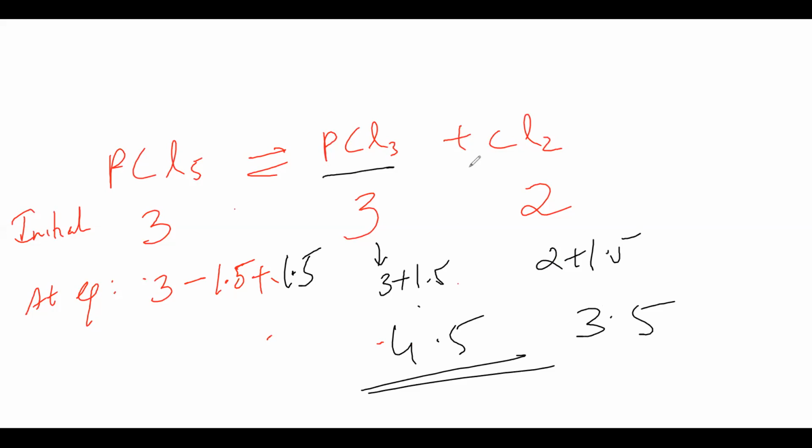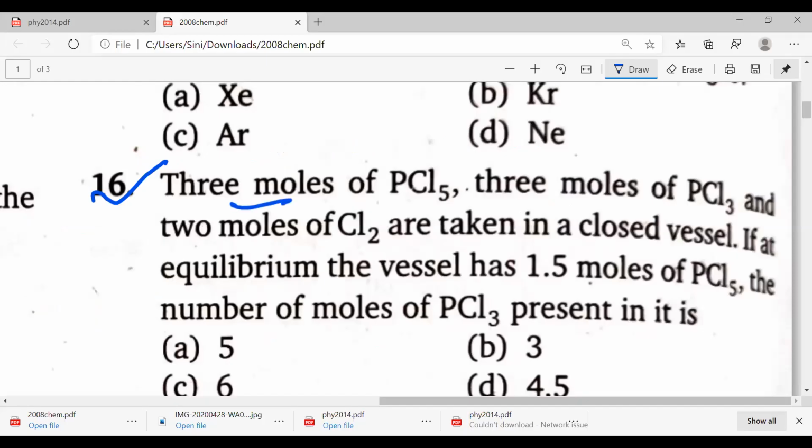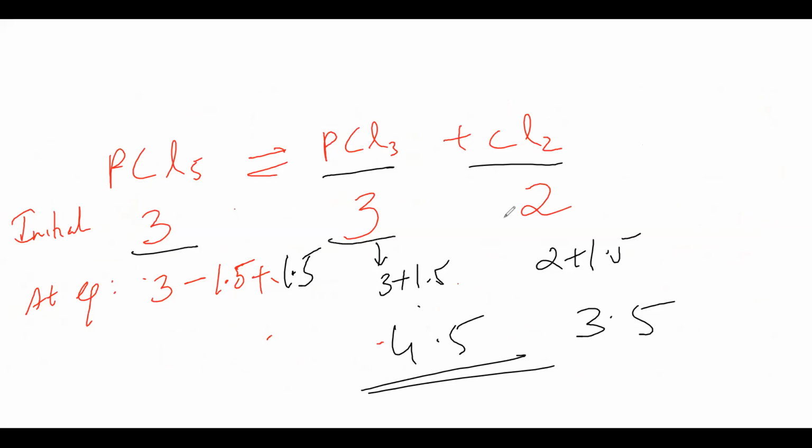PCl5 gives PCl3 plus chlorine. I'll come back to the question one more time. 3 moles of PCl5, 3 moles of PCl3, and 2 moles of chlorine are taken in a closed vessel. If at equilibrium the vessel has 1.5 moles of PCl5, the number of moles of PCl3 present is how much? Initially it is 3, 3, 2.